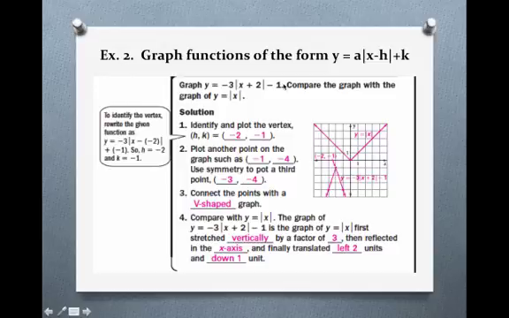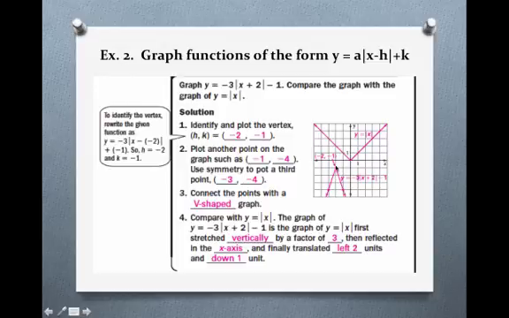Now from there, we go, okay, it's going to open downward, and we need to consider slopes related to 3. So we need to move down 3 units from our vertex for each unit we move to the right or the left. The first point I would plot, I would go down 3 from (-2, -1), and then right 1. That gets me to (-1, -4).